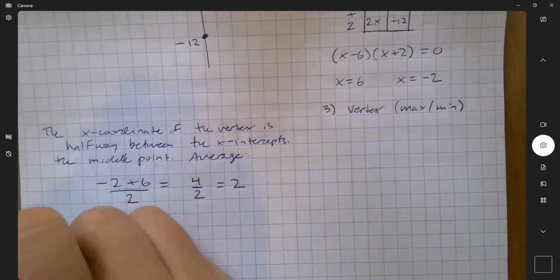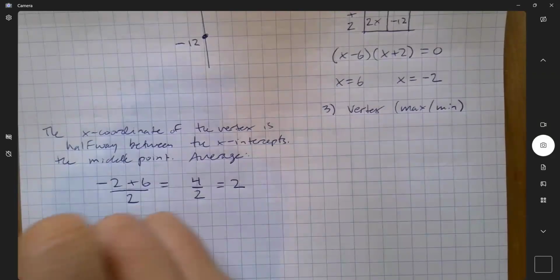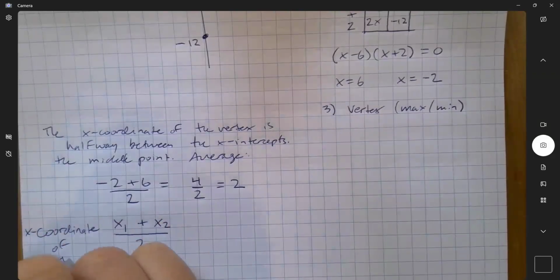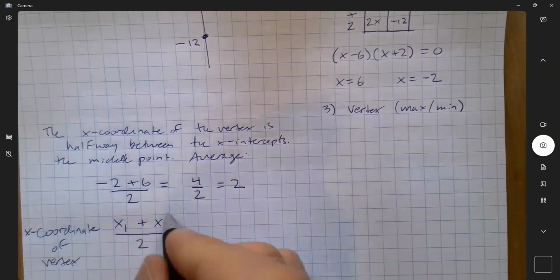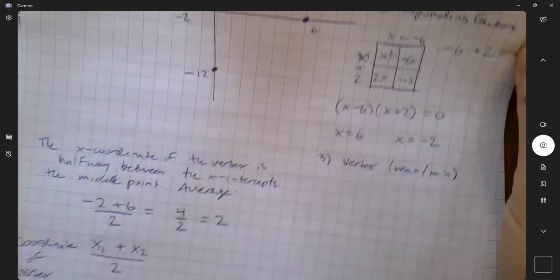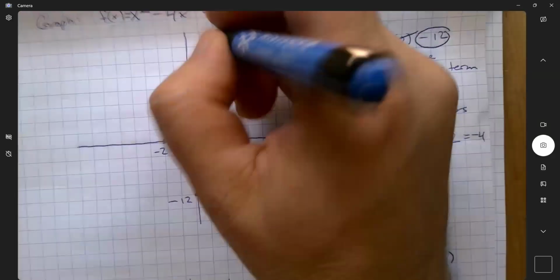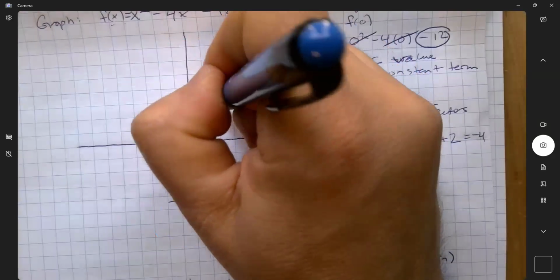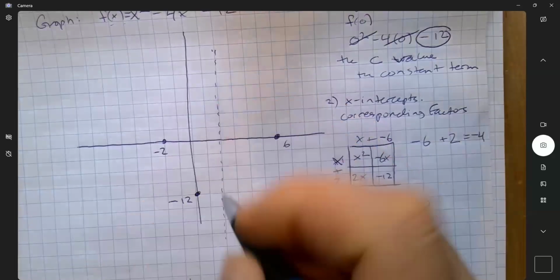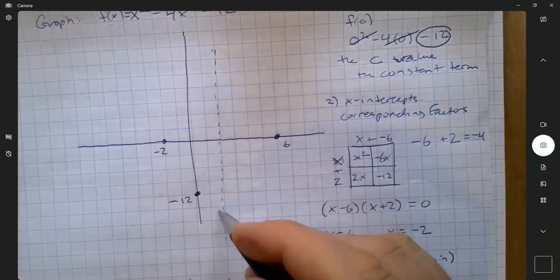And this is the x-coordinate of the vertex. Whether it's a max or a min, it's always going to be x1 plus x2 over 2, where the x1 and the x2 are the x-intercepts. And that tells you the line of symmetry goes right through there. Now it's hard to say how far the graph comes down, right?